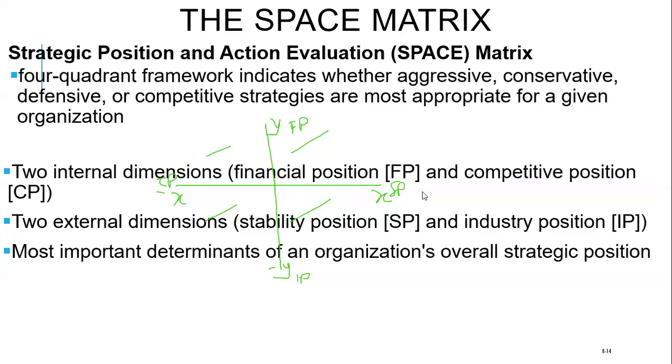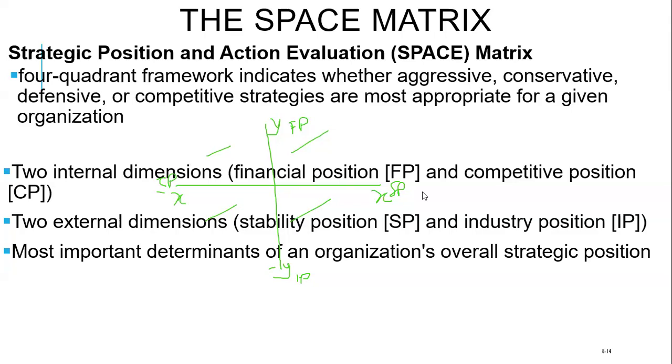Okay, the point I'm trying to say is that these internal dimensions and external dimensions of the space matrix, some of them are rated negatively, whilst others are rated positively. So if you take the financial position, for instance, it is rated positively based on metrics such as returns on investments, cash flow, and net profit margin.